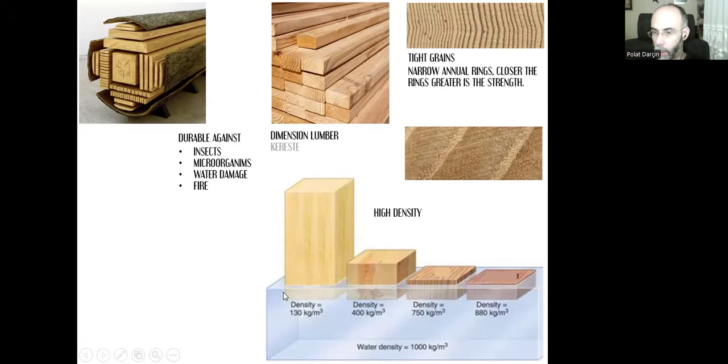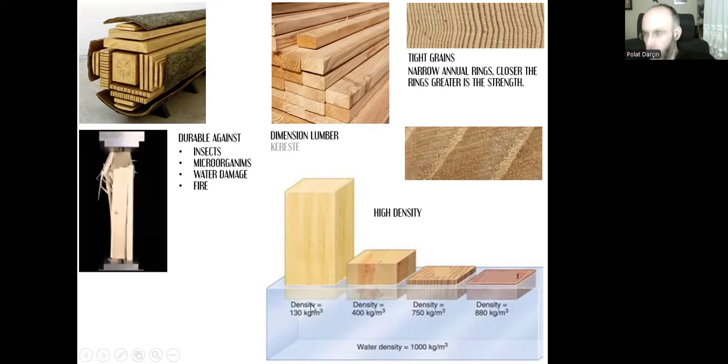Here we have different examples because the studs, the vertical pieces, they will be under this compression load. And if the properties of the tree won't provide all these properties, it's not durable against insects, microorganisms, and if it gets damaged, if there is water or humidity around these pieces or inside these pieces, or if there is a fire, then there is this risk of deforming and breaking into pieces.